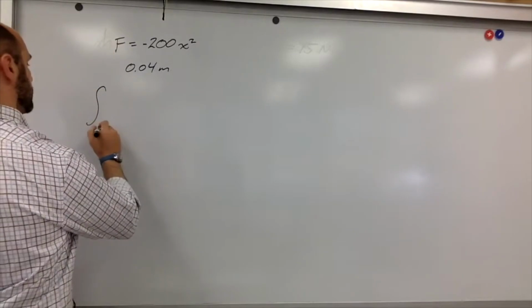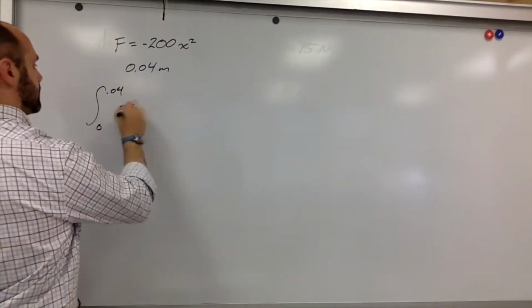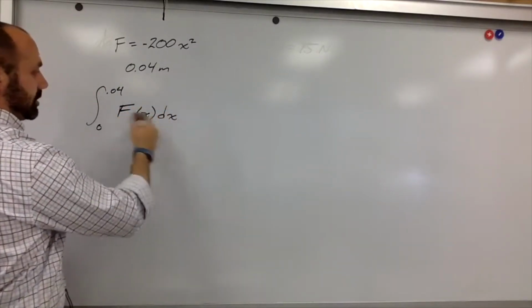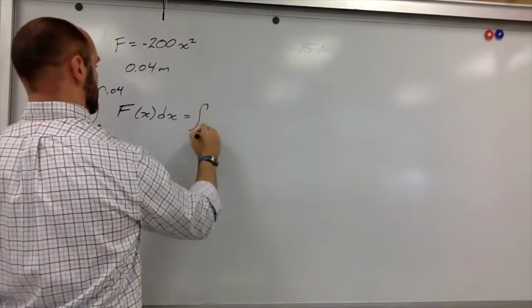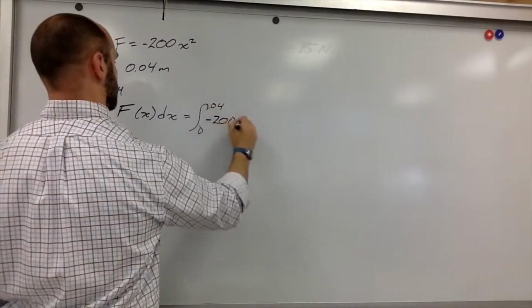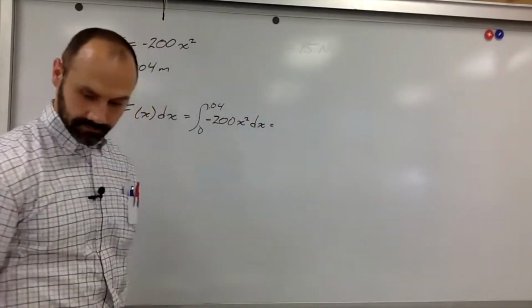So we're going to go from 0 to 0.04. We're looking at F as a function of x, dx. Now what is our force here? What's our function? It's negative 200 x squared dx.